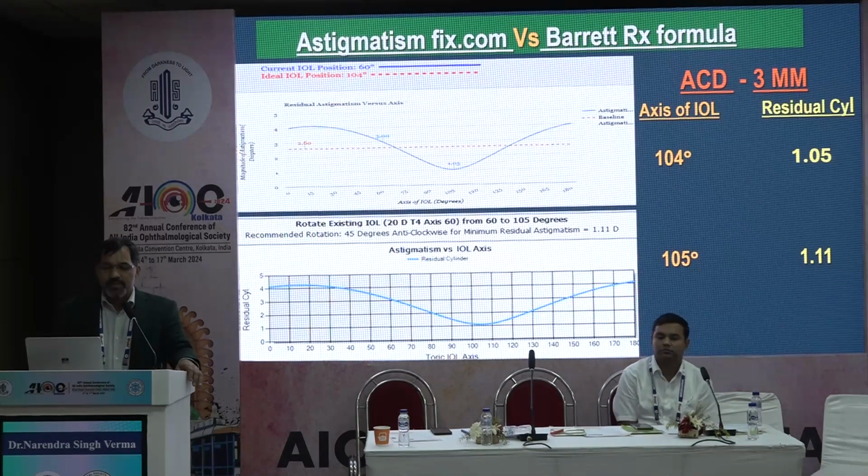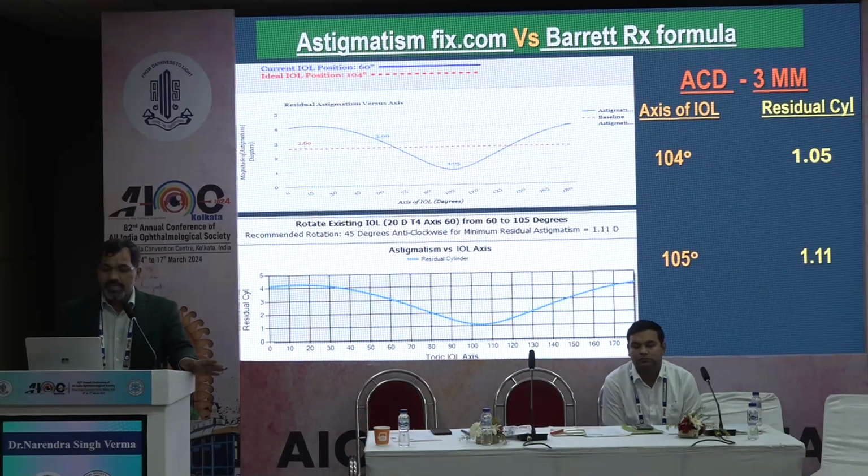In astigmatismfix.com, in the same case, if I take ACD 3 millimeter, it tells that you have to rotate the IOL to 104 degree and the residual will remain 1.05. If I enter this data in Barrett, it tells that you have to rotate the lens to 105 degree and the residual will be 1.11.